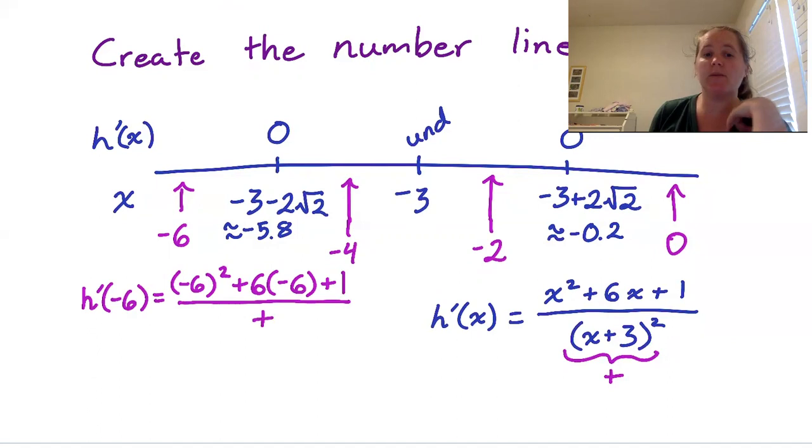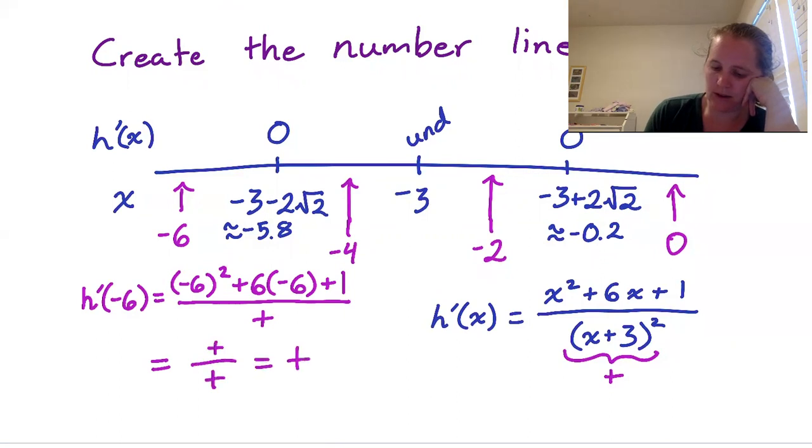So I'm not going to worry about the denominator. We'll have a positive 36 plus a minus 36 plus 1. So we'll get a positive over a positive, and we have a positive result. So we know that we get a positive for that first one.